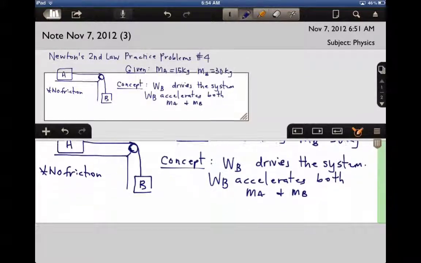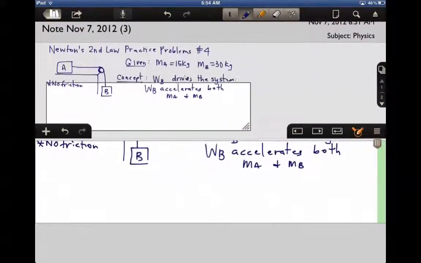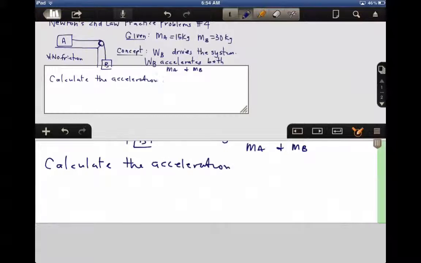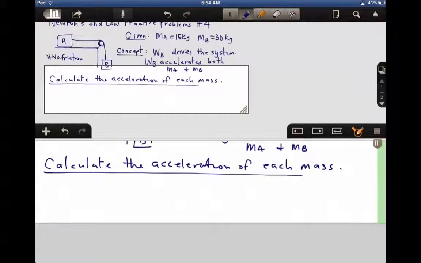This is key to understanding this question, because our question is calculate the acceleration of each mass. Well, because they're tied together by a rope, and I'm going to assume that that rope does not stretch, the masses will actually have the same acceleration.